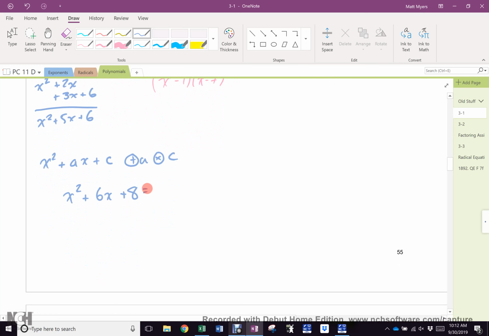And what is it? X plus 2, x plus 4. Great. Now do this one. X squared minus 12xy, and then plus 32y squared.